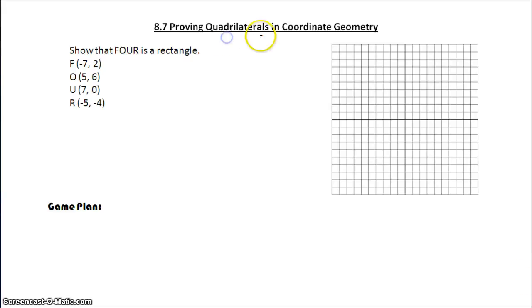In order to prove in coordinate geometry, we need to use formulas.